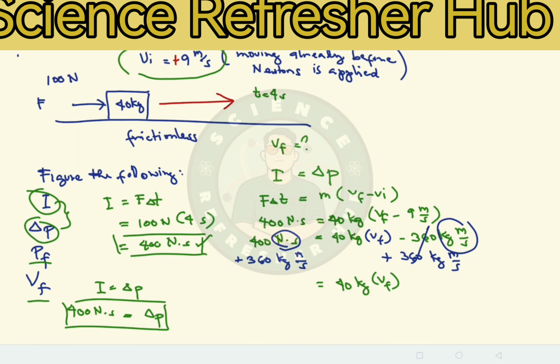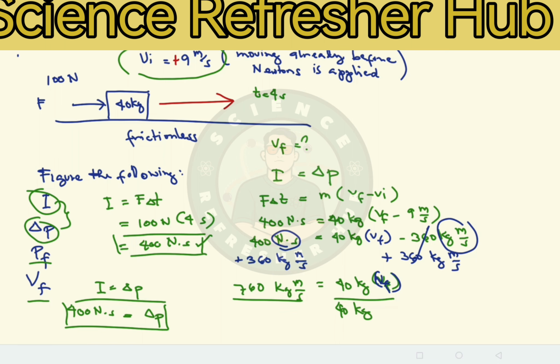We have 40 kilograms times the unknown, and then plus 400, so we have kilogram meters per second, 760.